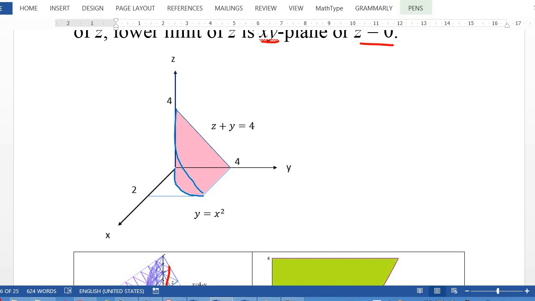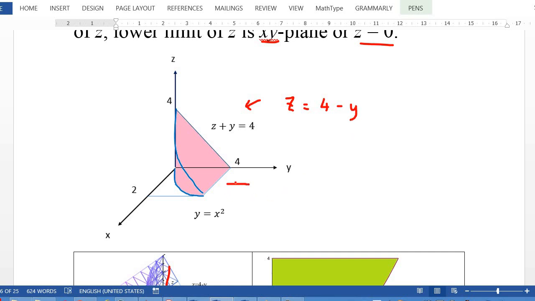If you view this solid G parallel with the z-axis, it is bounded by this top surface, z plus y equal to 4. If you want to integrate with respect to z, meaning you view it parallel with your z-axis, then you have to make z the subject. So z will be equal to 4 minus y.